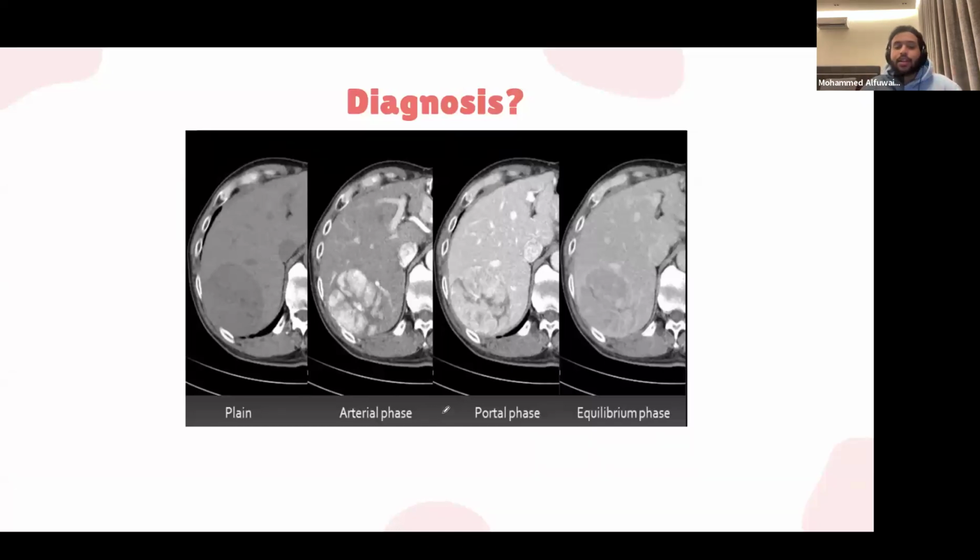Excellent. So arterial phase enhancement, which is full enhancement. And then in the delayed phase, another name is equilibrium, another name is venous phase, it washes out. Excellent. Hepatocellular carcinoma. Now, hepatocellular carcinoma happens due to, most important is cirrhosis and its causes.